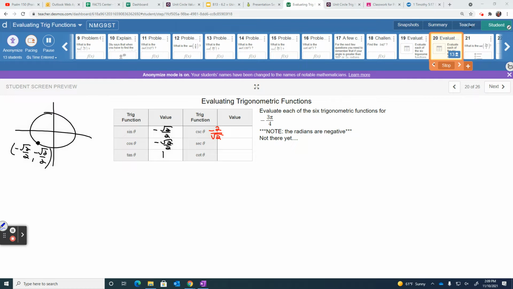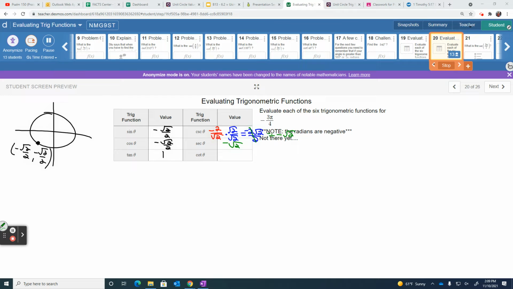So in this one, we have to multiply by radical 2 over radical 2. That becomes negative 2 radical 2 over 2. The 2's cancel, so we get negative radical 2. We don't have to do it again for secant because it's the same thing, so it's also negative radical 2.